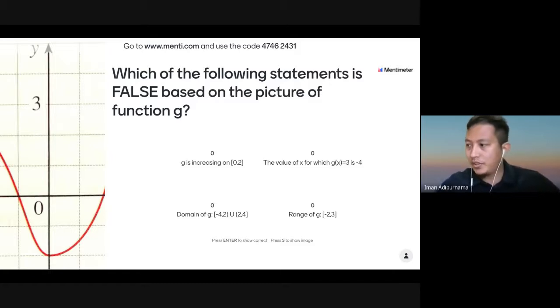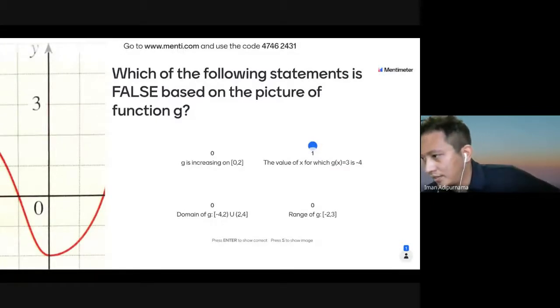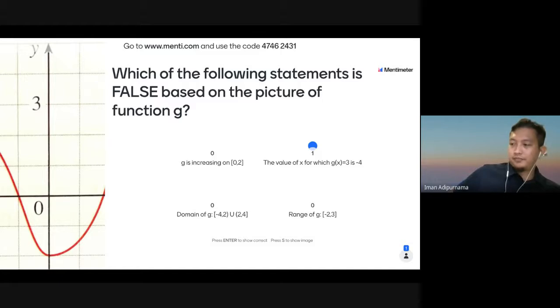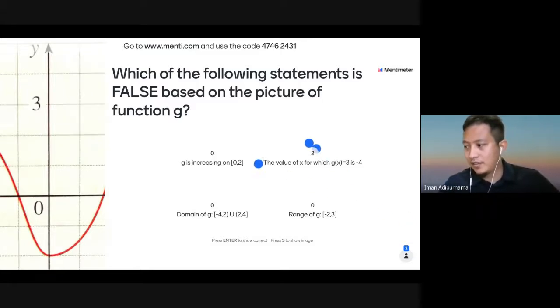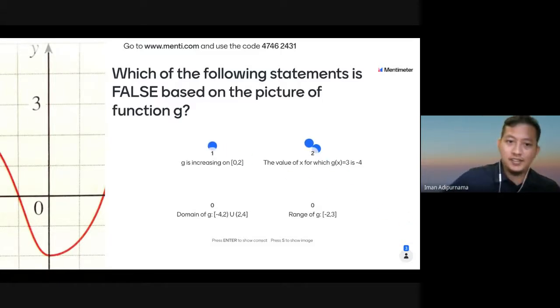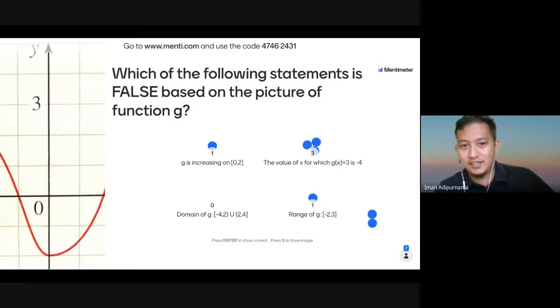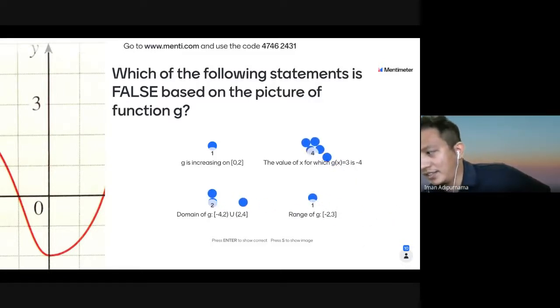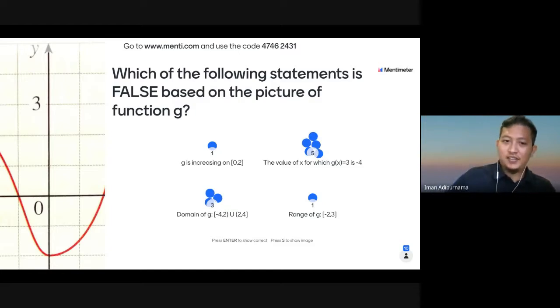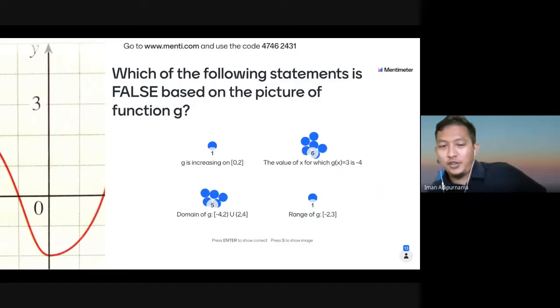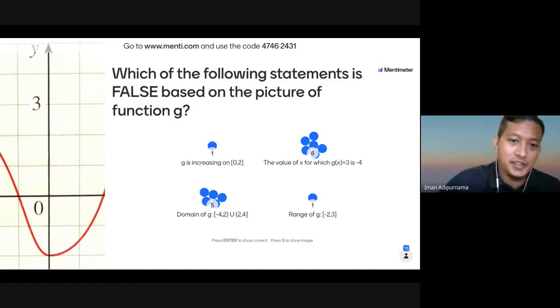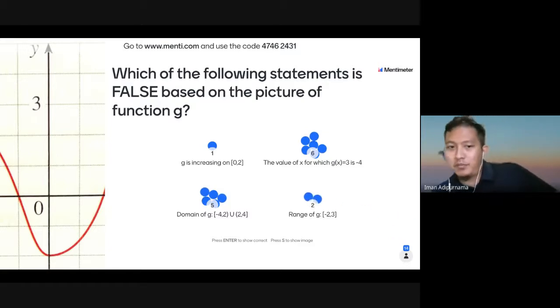Okay, which of the following statements is false based on the picture of function g? False. Okay, be confident. If you see your friends going for some answer, maybe that is wrong, maybe that's true. We are not sure, right? So check by yourself.